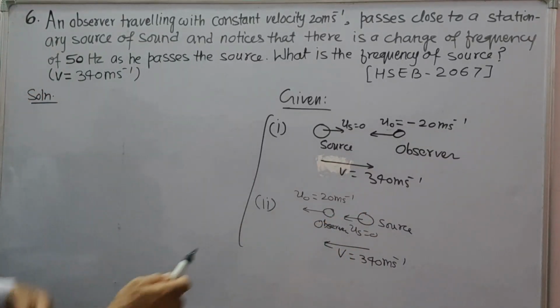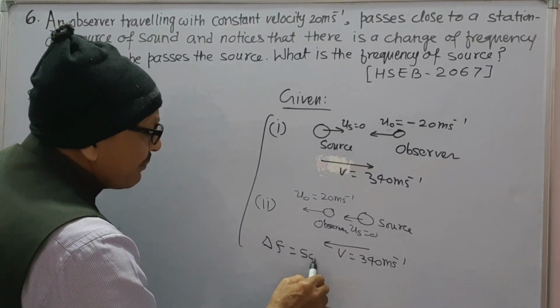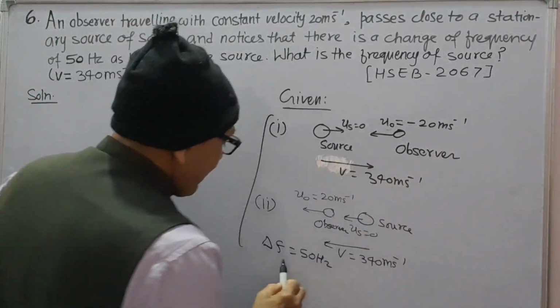So we have delta F is 50 hertz, then F will be what?